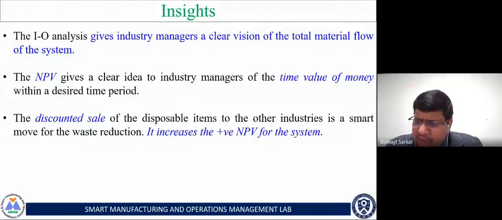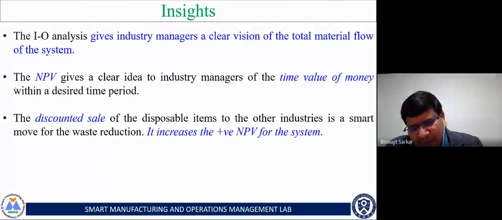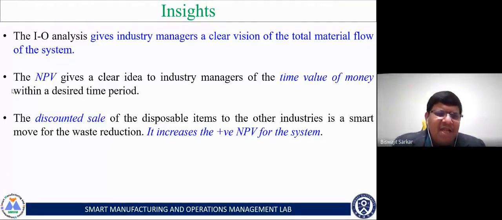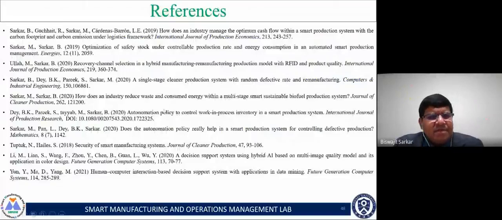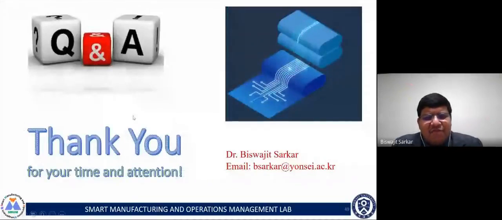Suppose I'm just giving an example: the whole computer is totally gone, but maybe the keyboard is okay, maybe the mouse is okay, maybe the hard disk is okay. If any is okay, we can sell it in the discounted sale. It's not totally gone; some spare parts may still be ready for work. So this type of thing we can consider for the discounted sale. So these are the references.